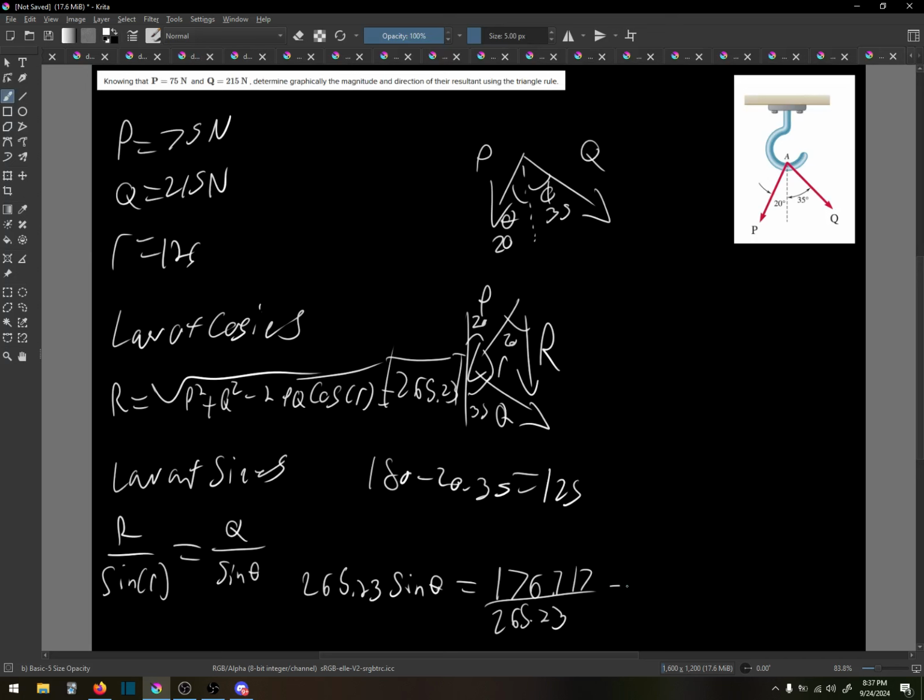And that's going to give us sine theta equals 0.664. So we take the inverse sine of that, and this means that theta equals 41.606. And if you look here, this is the x, this is the y.